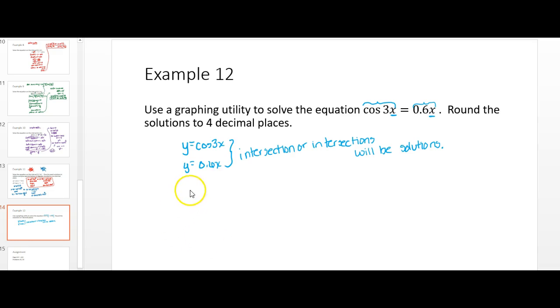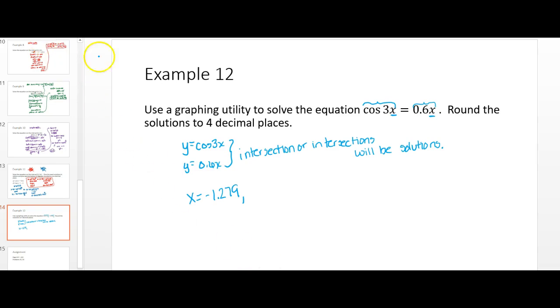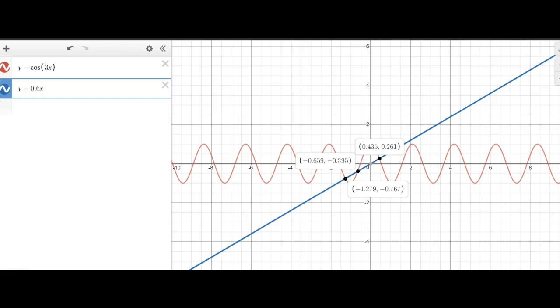That means x is going to be negative 1.279. Let's grab a pen here. Or x can be equal to negative 0.659. Or x can be equal to 0.435.